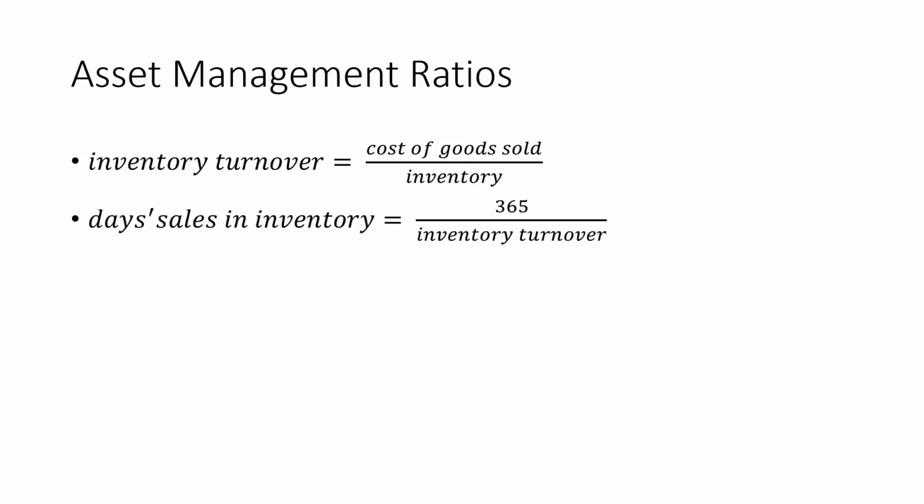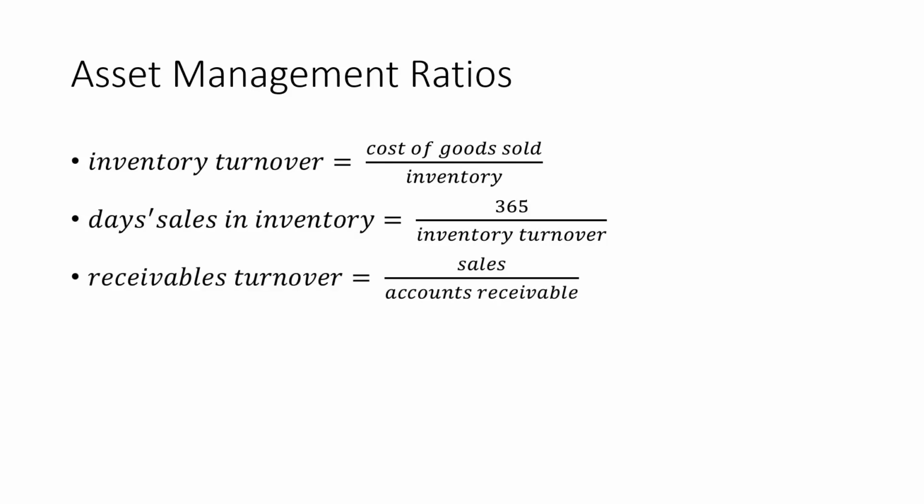Then next we move on to days sales in inventory. So if the flow is higher than the levels, then the days sales in inventory would be less than 365. And then the receivables turnover has a similar implication, except that inventory has a direct link with cost of goods sold; the level of inventory in dollar value will become the cost of goods sold when inventory is sold off.